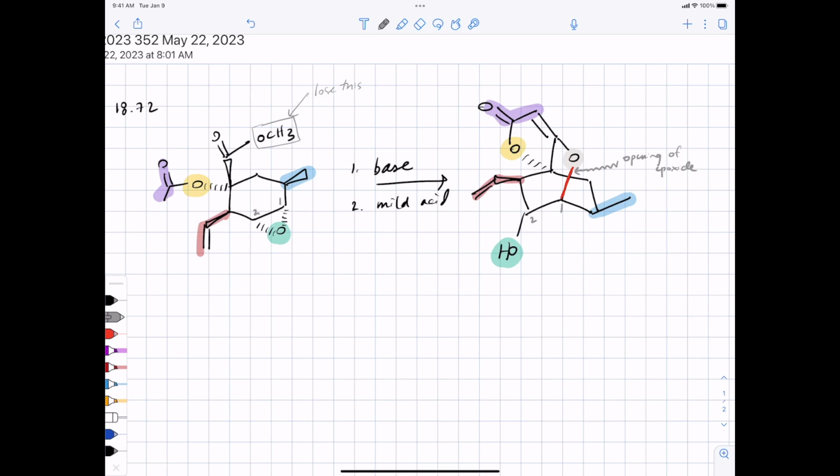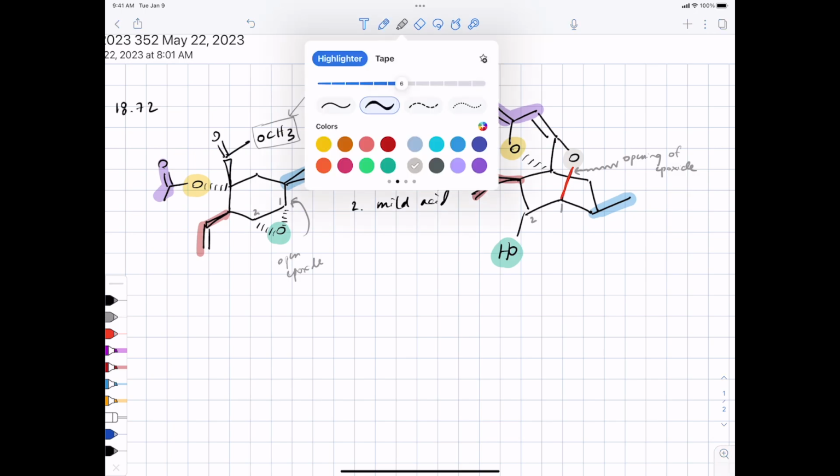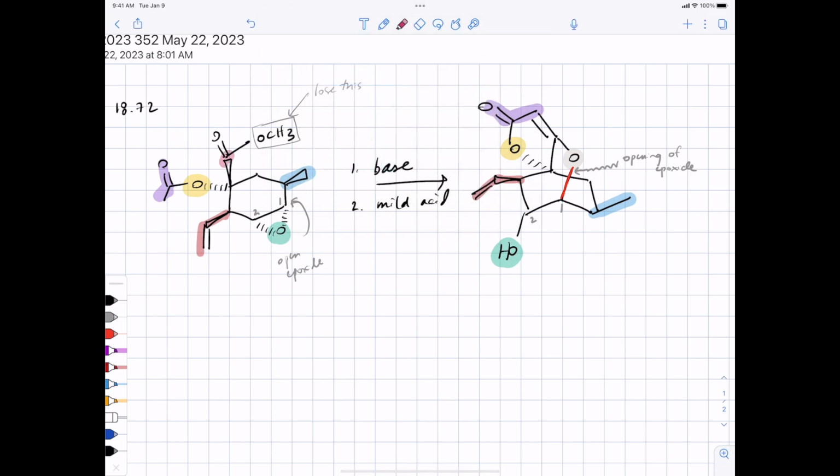As we said, I need to open the epoxide here. But I suppose it's possible that, I'm running out of colors, I guess it's possible that this carbon is here. So, all right, let's think through this.